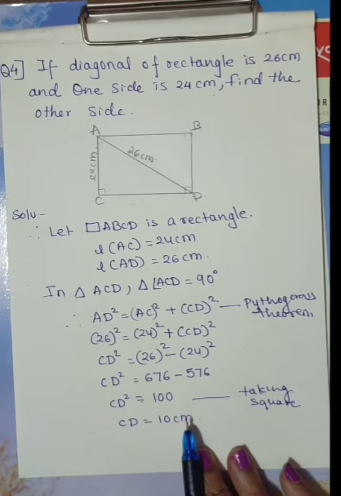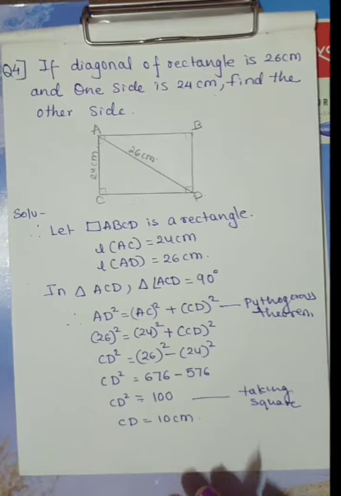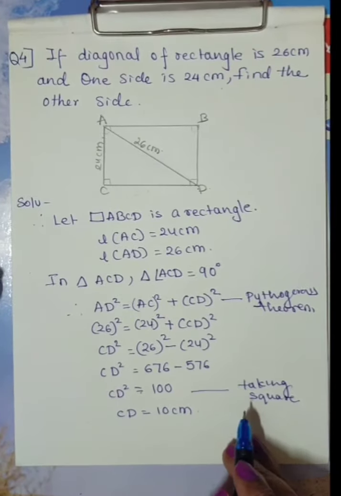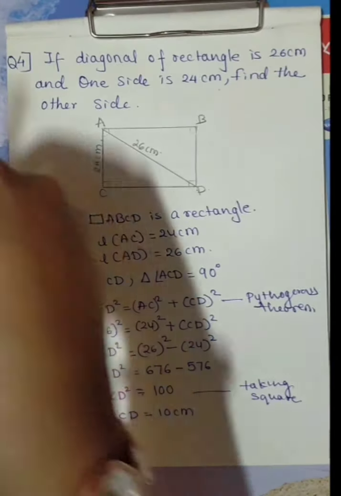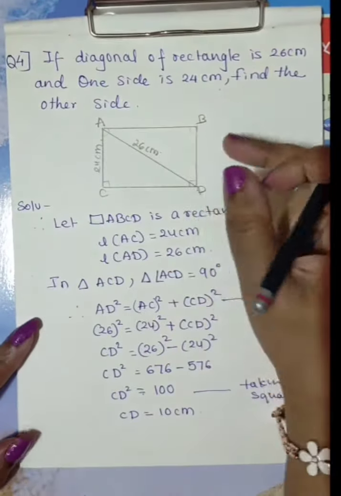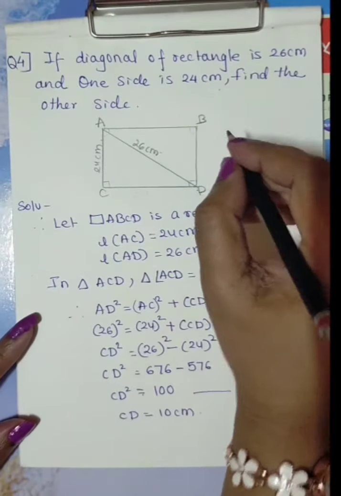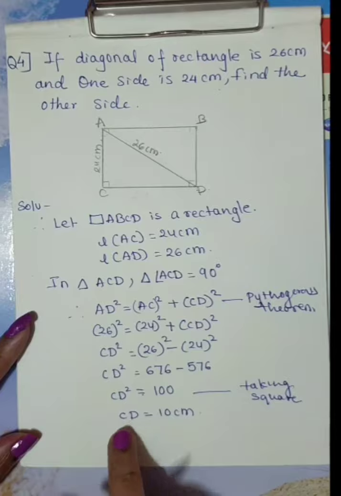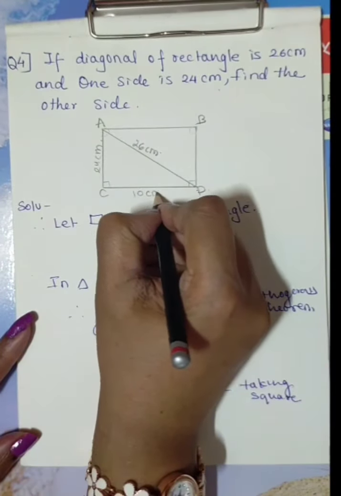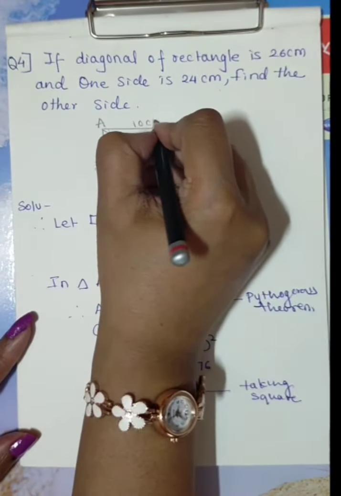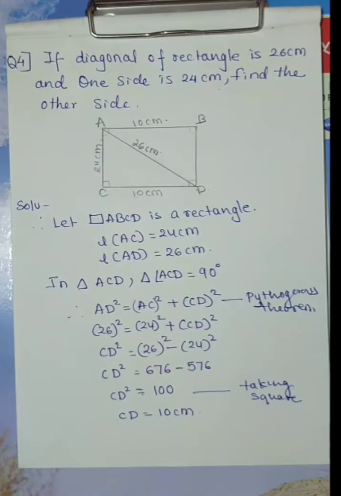Okay, CD is equal to 10 centimeter. So here, find the other side. It is 10 centimeter. We got CD as 10 centimeter. I hope you understood.